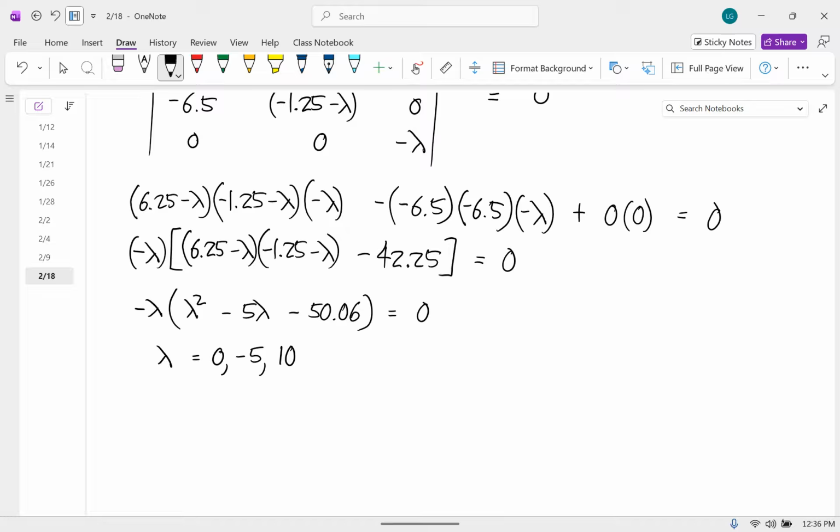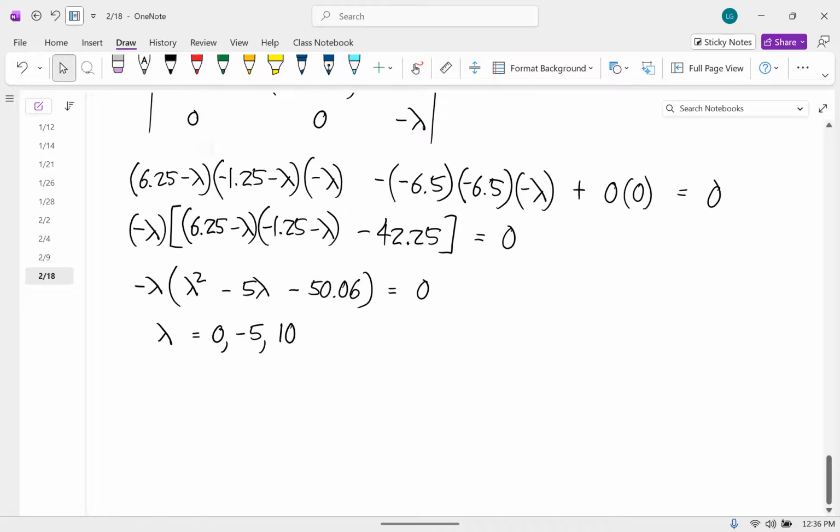Okay, so now we've found the principal stresses. Those are the 3 principal stresses. Okay, and that includes the maximum possible normal stress, the minimum possible normal stress, and then one in between. And now we're going to go about finding the corresponding eigenvectors.